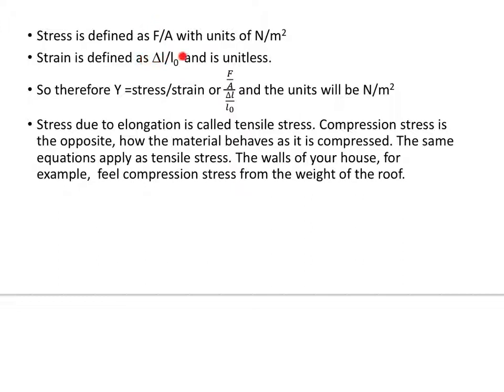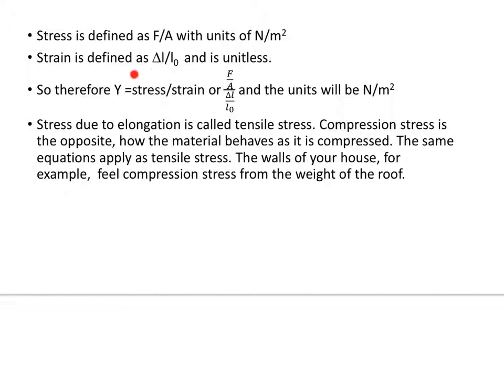Stress is defined as force per unit area, F divided by A, with units of newtons per square meter. And strain is defined as delta L, the change in length, divided by the original length, L0. And of course, that's unitless because delta L and L0 have the same units.